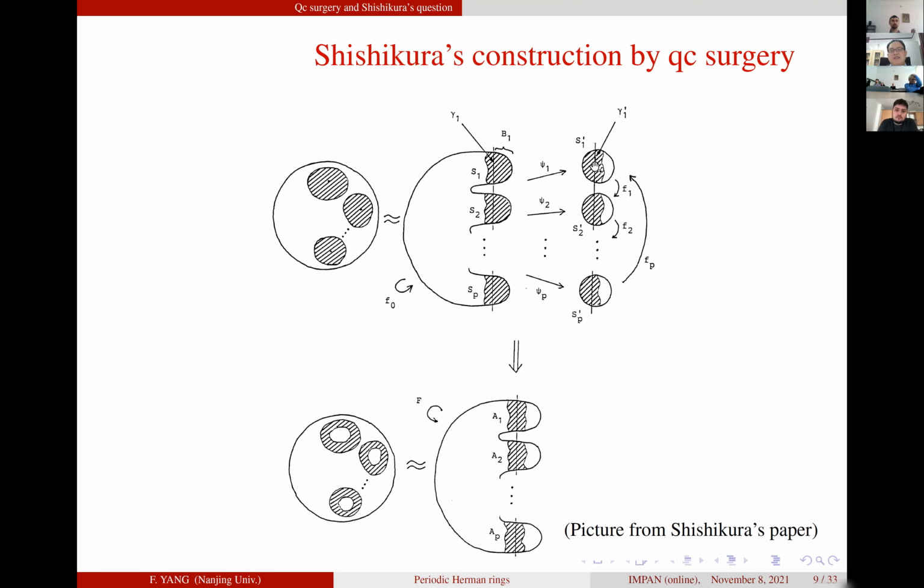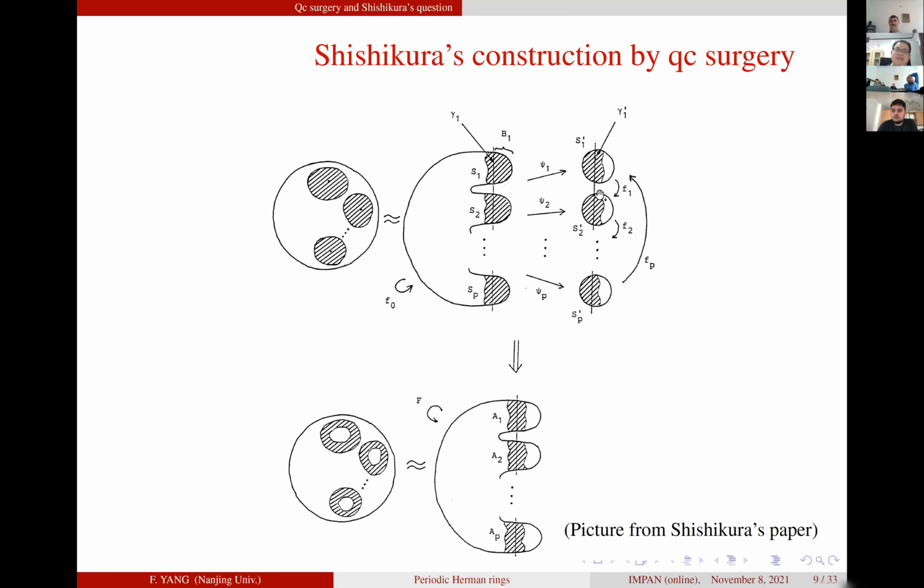Then he also finds some maps F1, F2, up to Fp such that the composition of these p maps also has a Siegel disk. Suppose this cycle of Siegel disks has rotation number theta. He chooses these maps such that no composition has a Siegel disk of rotation number minus theta.